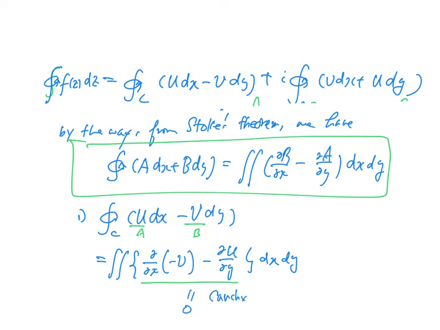Cauchy-Riemann. How about the second integral? Now it is v dx plus u dy. How about this?